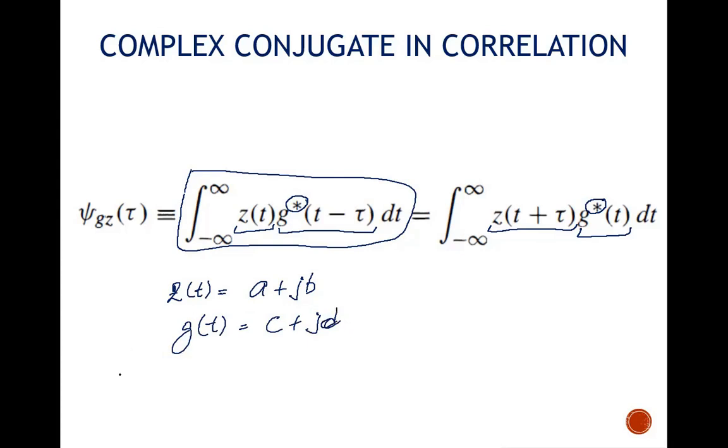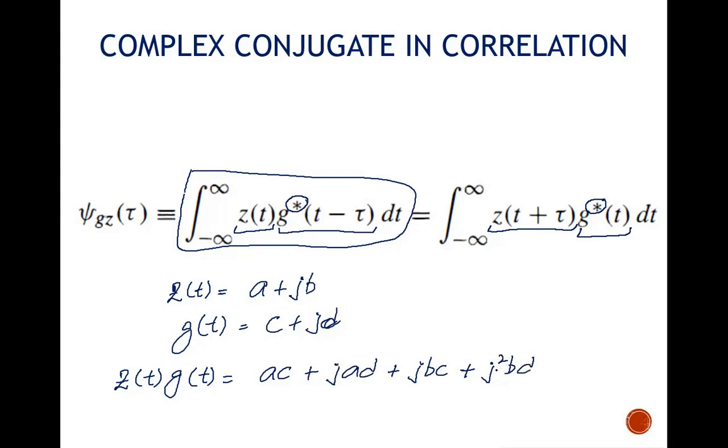Now, if we take the product of these two as we have it in the expression for the correlation, the product becomes equal to AC plus jAD, and then plus jBC, and minus, or let's say j squared BD.